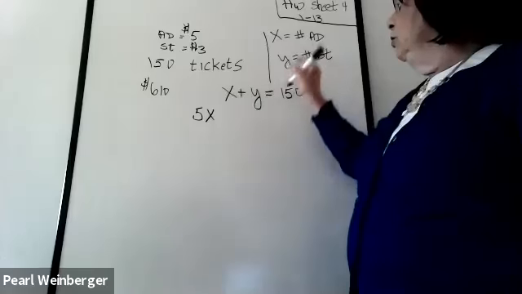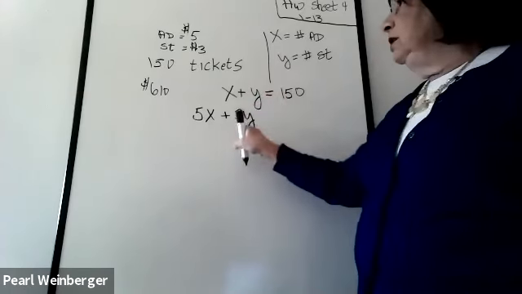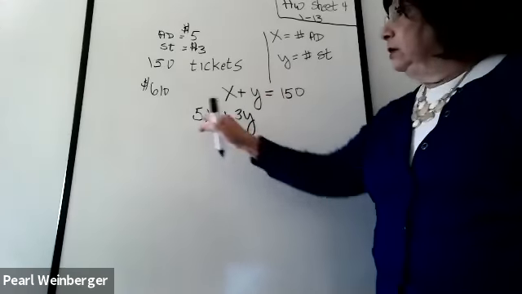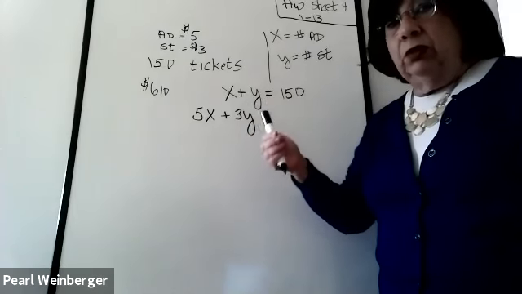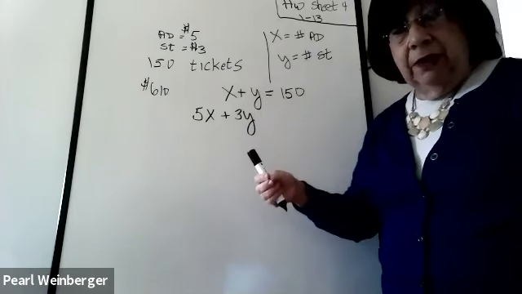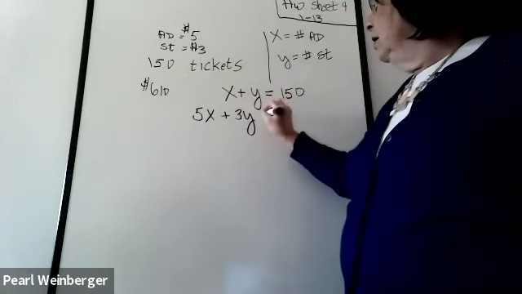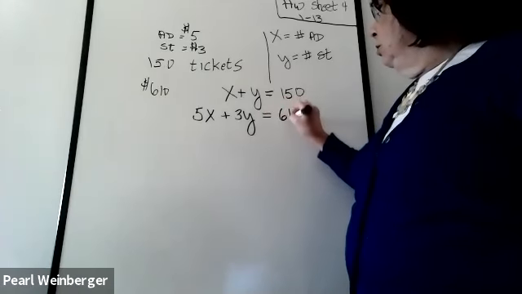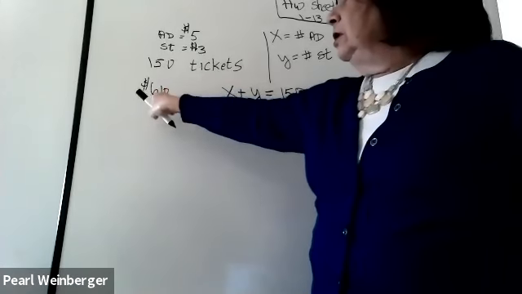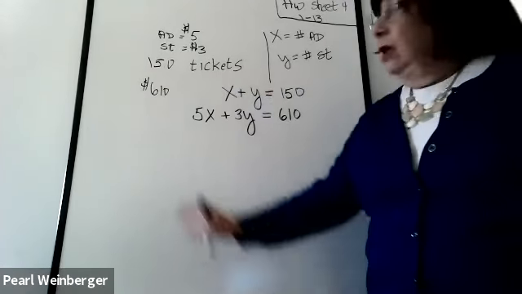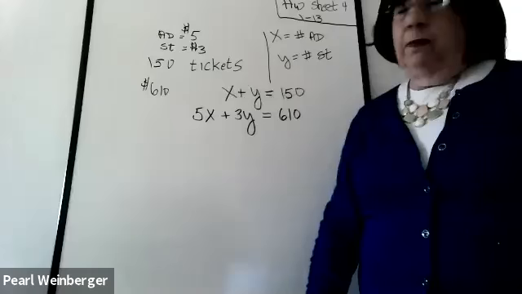When it comes to the student ticket, it becomes plus 3Y, because the student tickets are $3 a piece. The 5X plus the 3Y is the total amount of money that was made by selling the tickets. Well, we know what that is. That's 610. In other words, when I include the price of the tickets, I have to then use the total amount of money. Money with money. No money with no money.